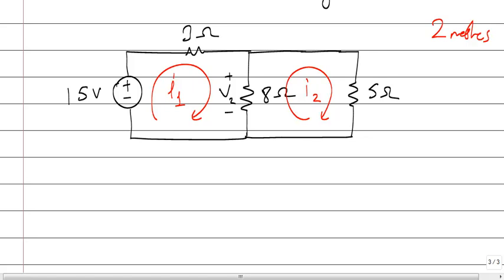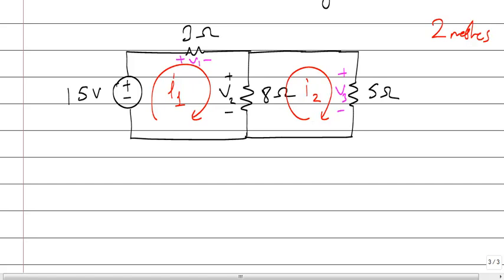Okay. I will write the KVL equations, but before those equations, I have to write the voltage current relationships of the components. Let me define some voltages first. V1, that's already defined. Let me say V3.